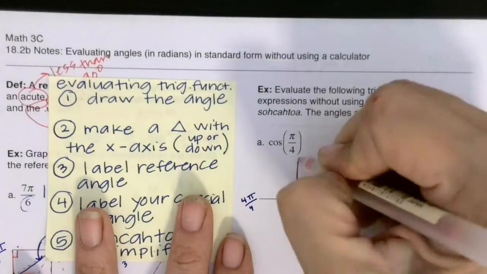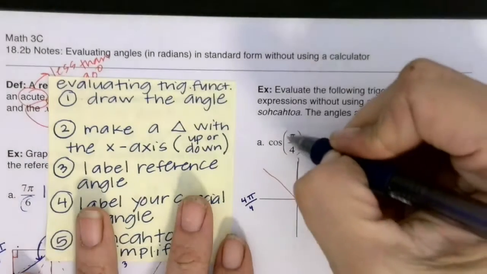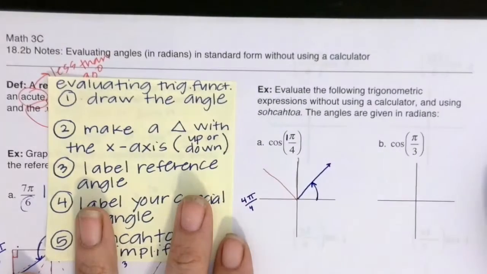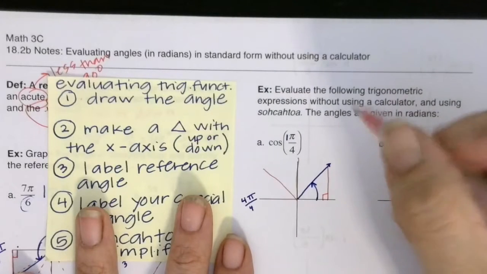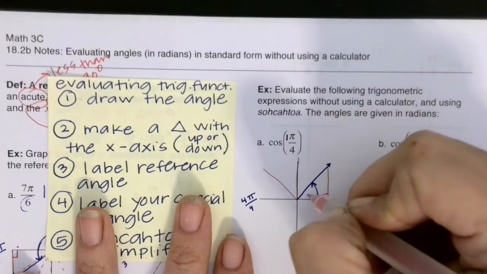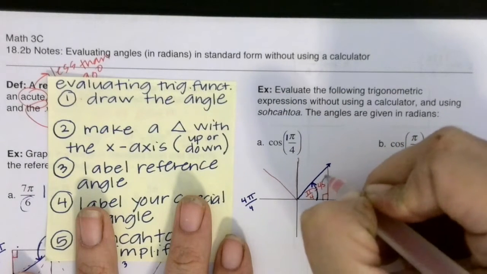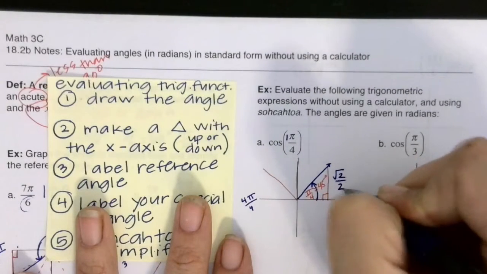So you're cutting that into 4 equal pieces, and when it's pi over 4, it's like saying 1 pi over 4. So you just go to the first mark, connect it with the x-axis, and then label your reference angle. So our reference angle is pi over 4, and pi over 4 equals 45 degrees. So that's going to help me label my special triangle.